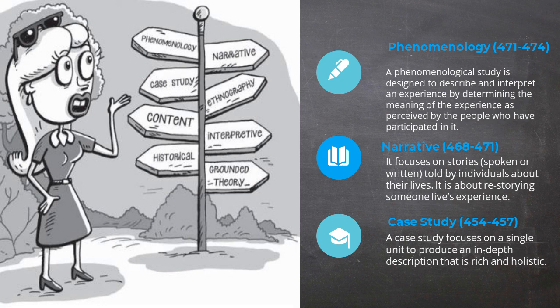For case study, the key question underlying the research is: what are the characteristics of the particular entity, phenomenon, person, or setting? So it investigates the characteristics of the particular entity, phenomenon, person, or setting.